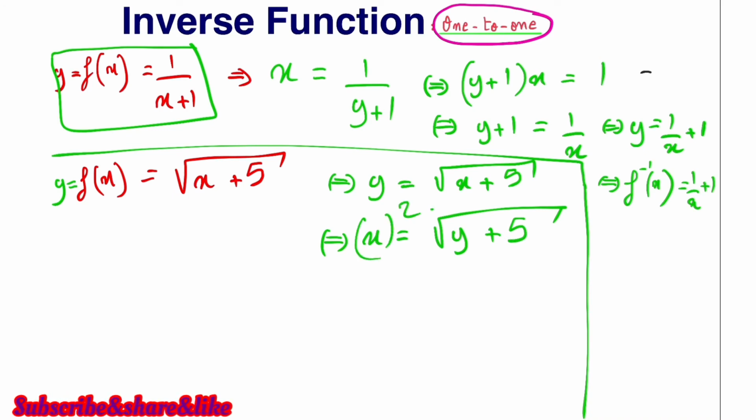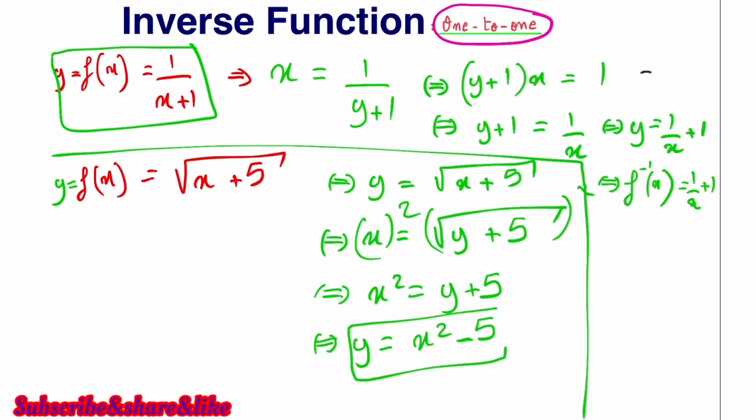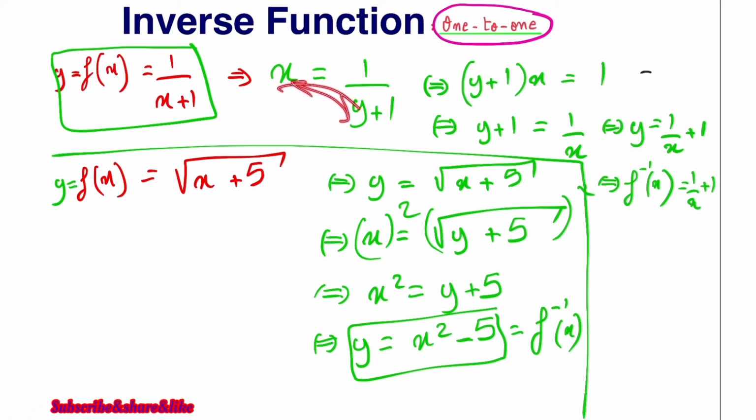So x squared is equal to y plus 5, and then we isolate y: y is equal to x squared minus 5, and this is the inverse function of f of x. It's just simple algebra, and that's it. What you have to do is switch them and then solve for y.